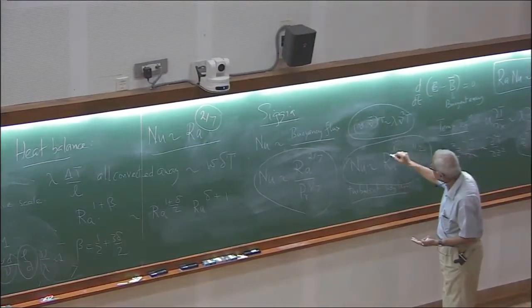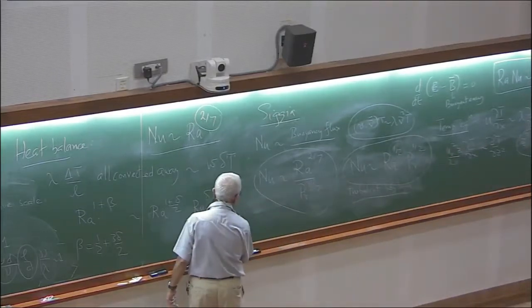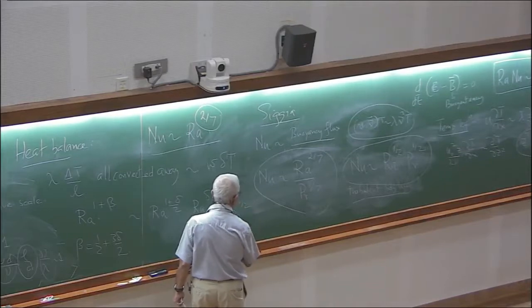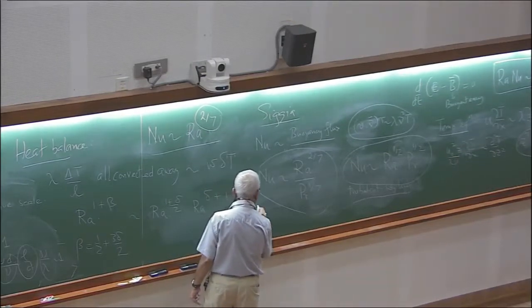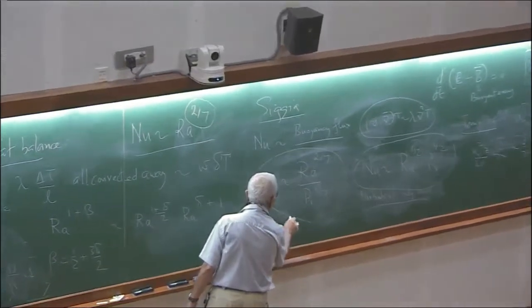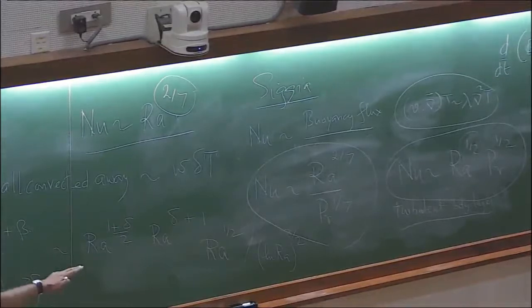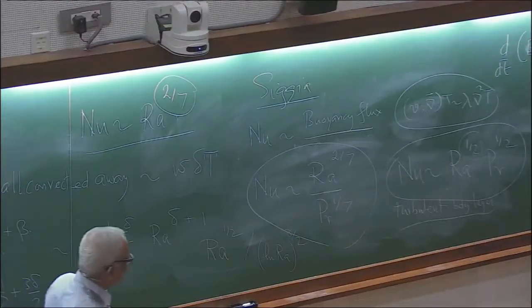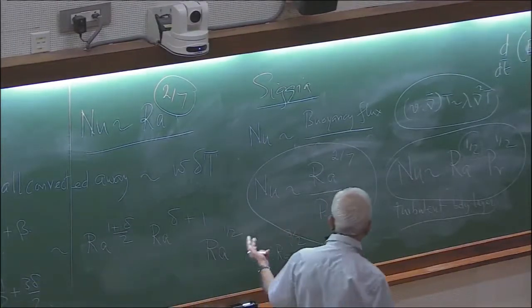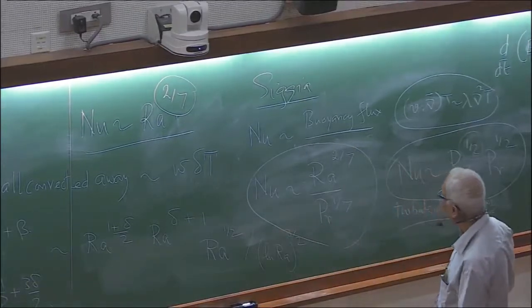It is the Kraichnan answer so far as this half is concerned, but the Kraichnan answer, which requires really a fair amount of work, has this logarithmic factor associated with it, and so the so-called ultimate regime is really modified by it.